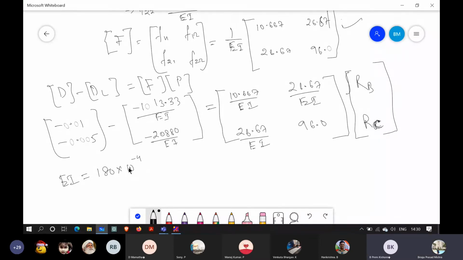Okay, so if you convert it into kilonewton per meter square, what will be the value? So this will be 18,000 kilonewton per meter square.